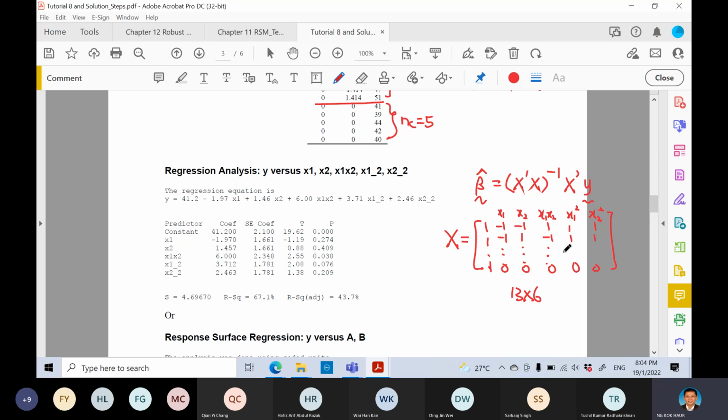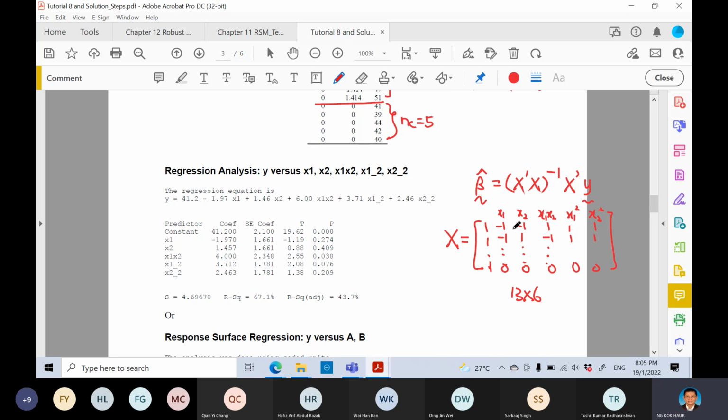Of course you will not do this manually. If you have statistical software like SPSS, or if you know how to put all these values in a matrix in R, then you can do the calculation and get all the estimates out.